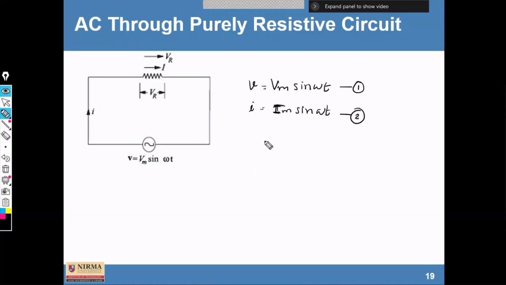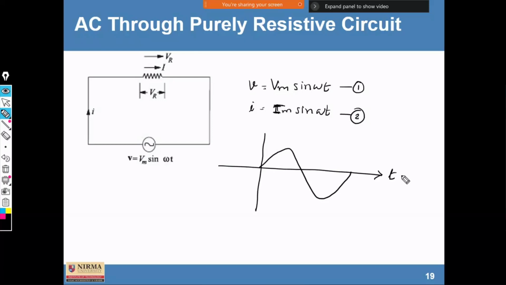In this case, we can plot the waveform of the voltage equation with respect to time, that is v equals Vm sin omega t.